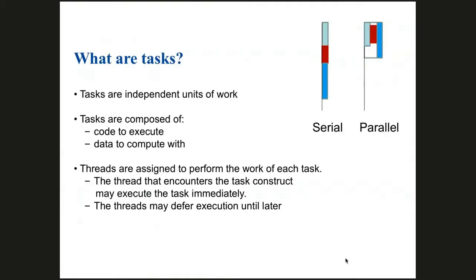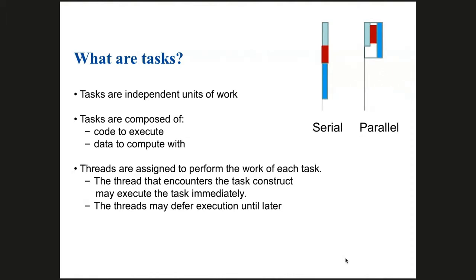Tasks are independent units of work. Tasks are composed of code to execute and data to compute with. If we think about a sequential code, it's basically task, task, task. So in concept, we can run it in parallel, and let one thread pick up one task and another thread pick up another task.